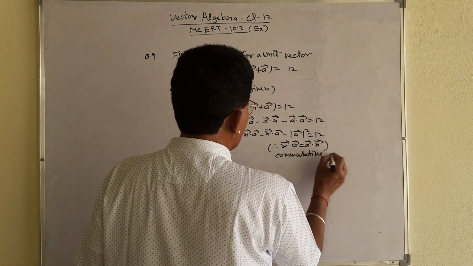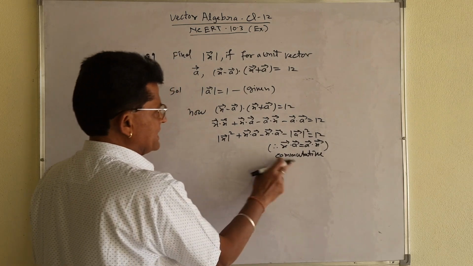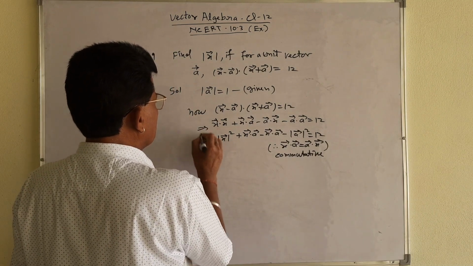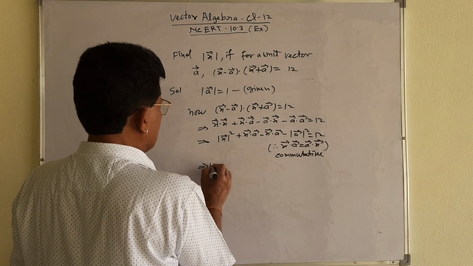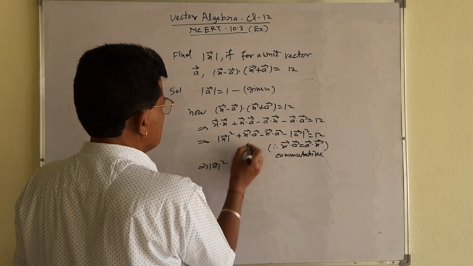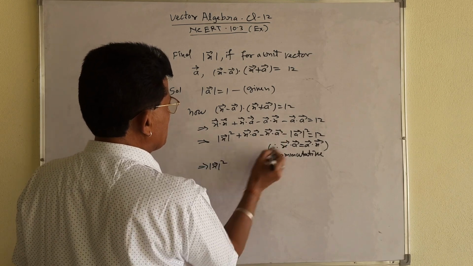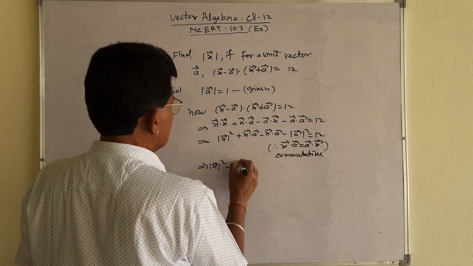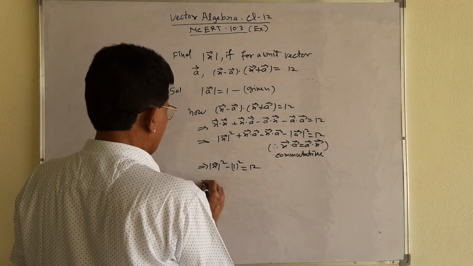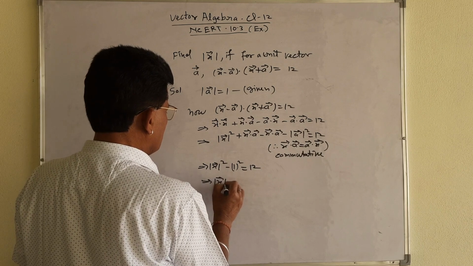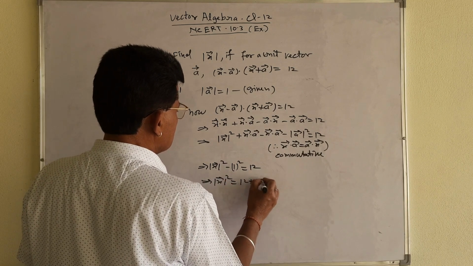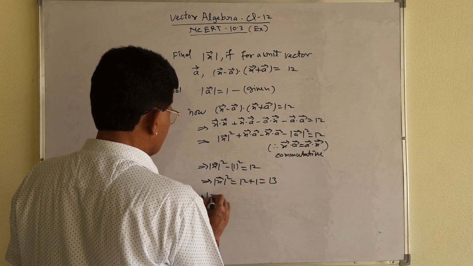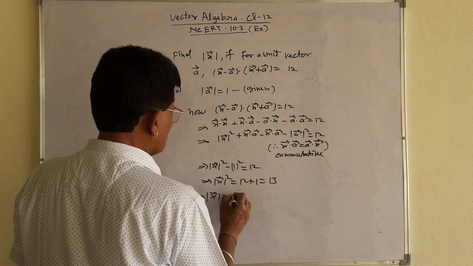I am writing repeatedly so that you remember it in every question. We will find out its value. Implies that, vector X square, the cross terms are cancelled. Minus magnitude of A which is 1 square will be equal to 12. And its value will be 12 plus 1, that will be 13, and magnitude of X will be root 13.